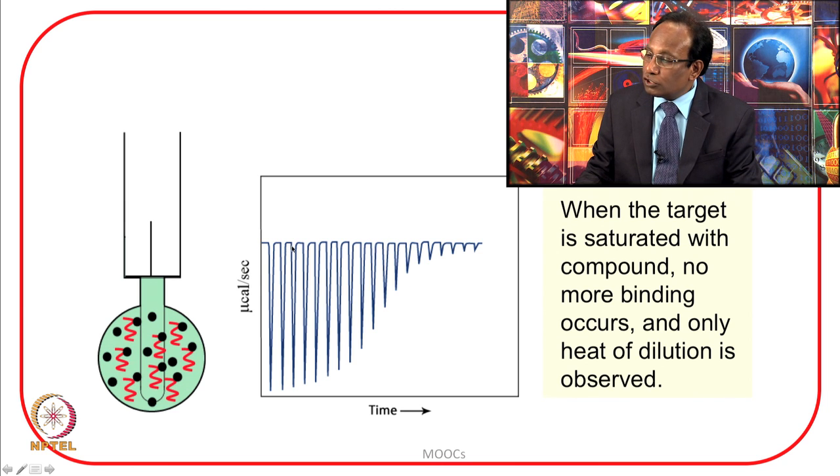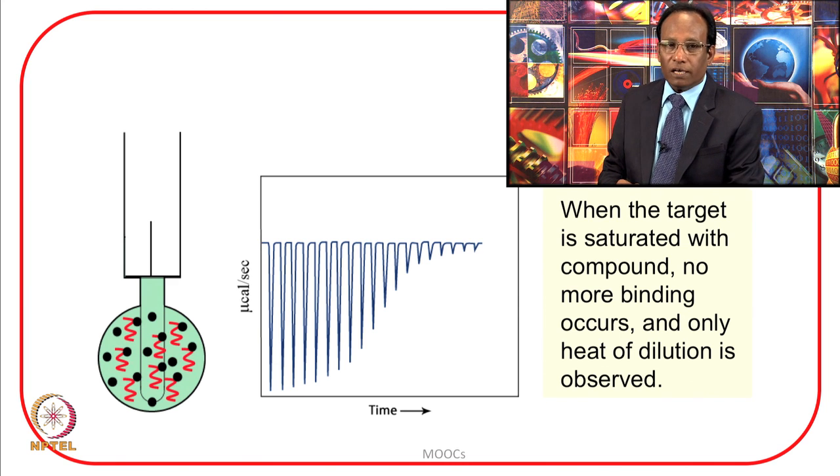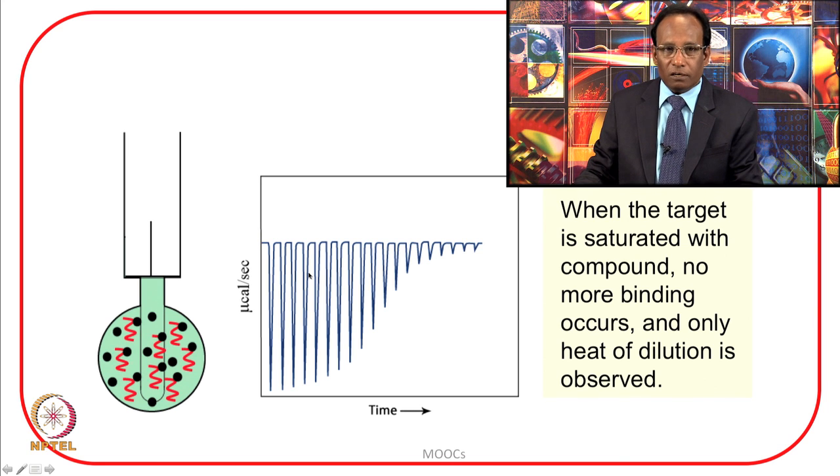The area between the line and whatever the peak, if we calculate all the areas and just plot the areas versus injection number, we will get the binding profile, and area is equal to heat. And I will discuss this a bit later, that is how these areas can further be utilized to calculate the values of delta H. But let us first try to understand the principle very clearly.